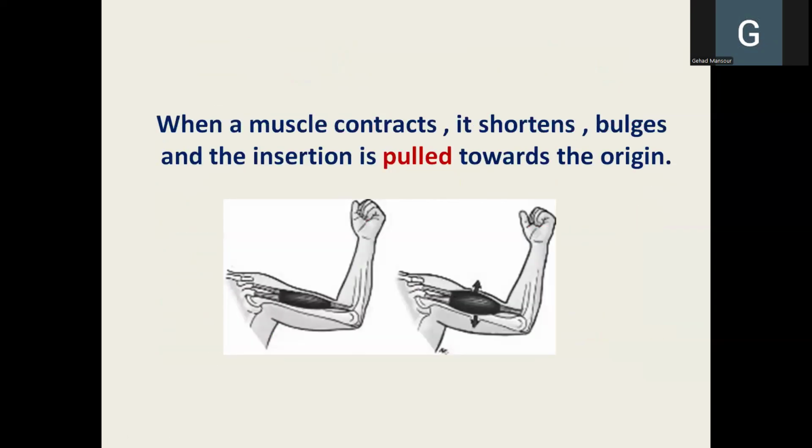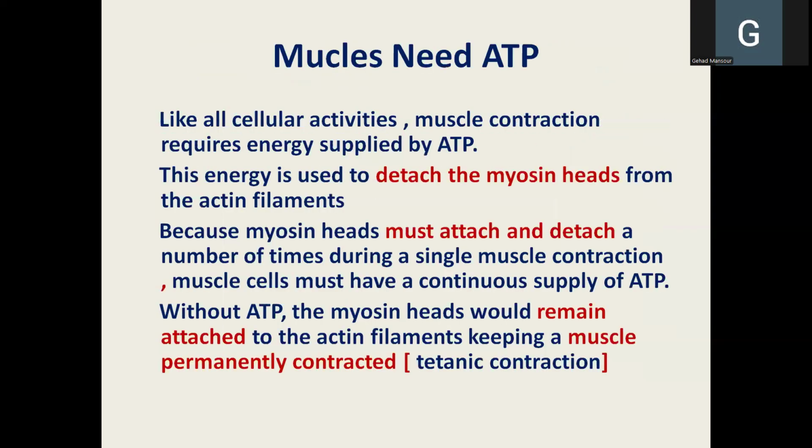We have mentioned all this, and of course we have talked about the antagonistic muscles. We also talked about the importance of ATP. Just like all cellular activities, ATP is necessary for muscle contraction, because, as we said before, ATP is important for attachment of myosin, and ATP is important for detachment of myosin.